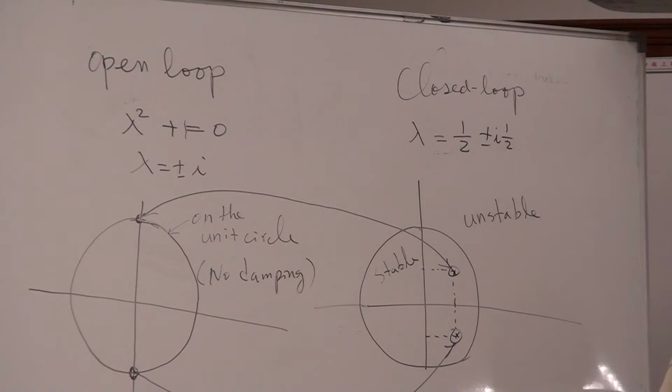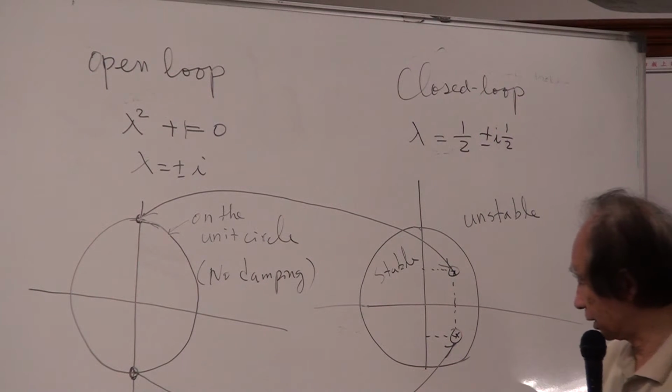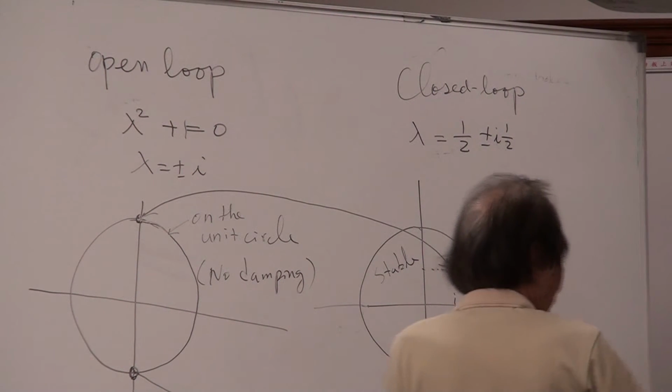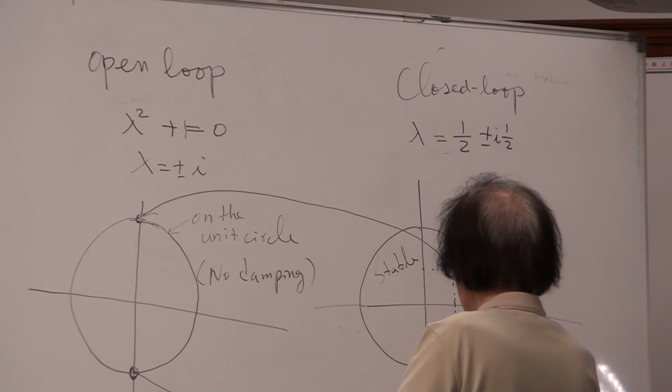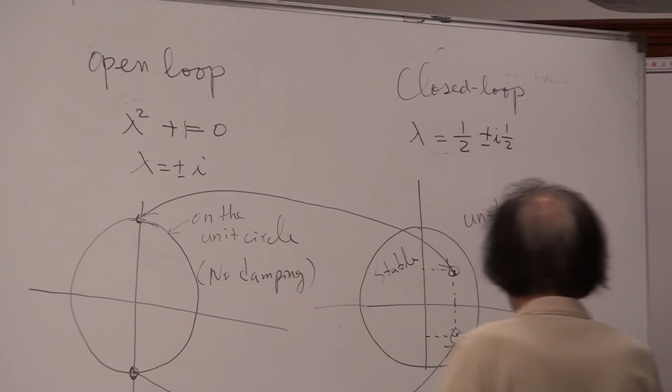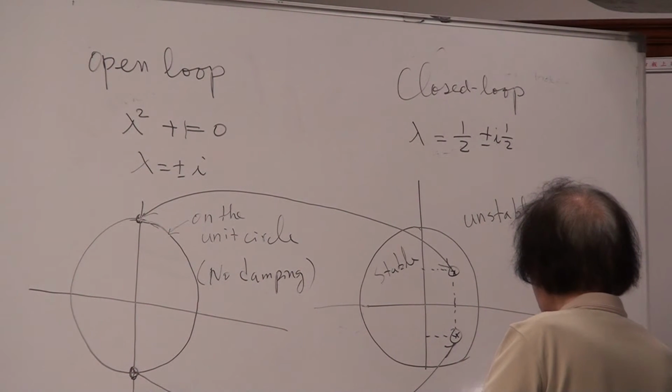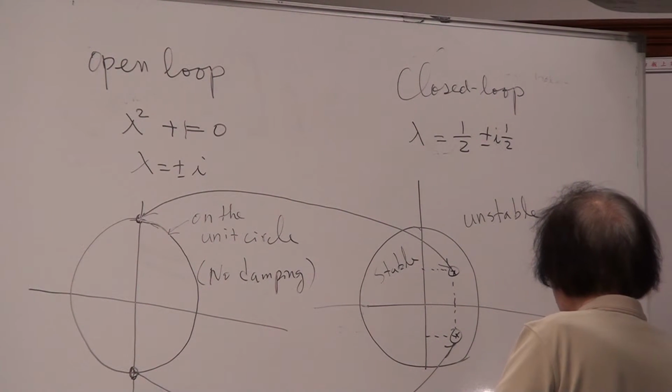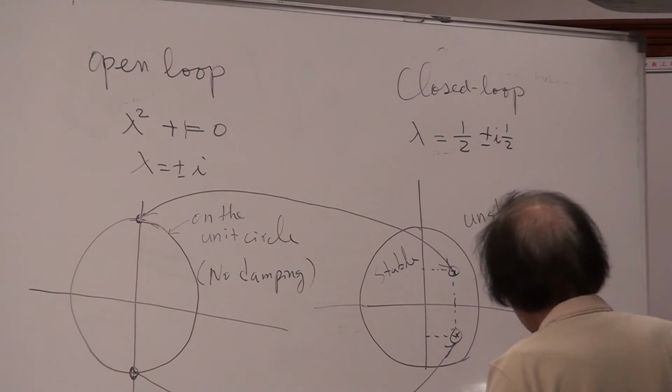Now from these two equations, you will be able to solve F1 equal to minus 1/4, F2 equal to minus 3/4. That's the solution. So F1 is minus 1/4 w(k), and F2 is minus 3/4 w dot(k).